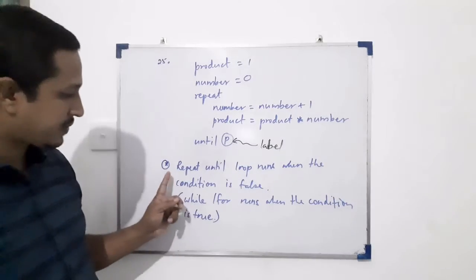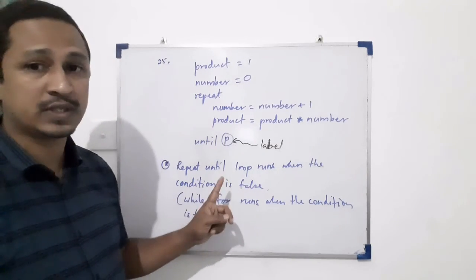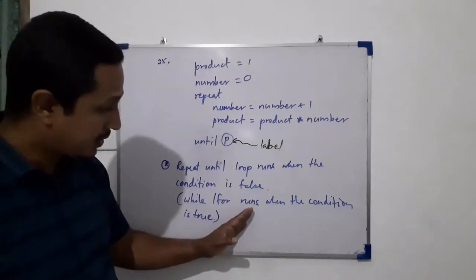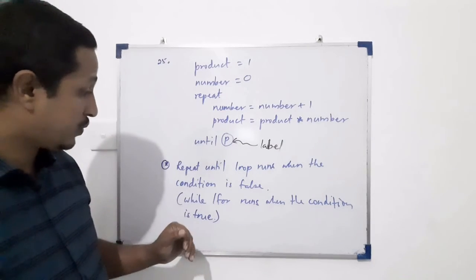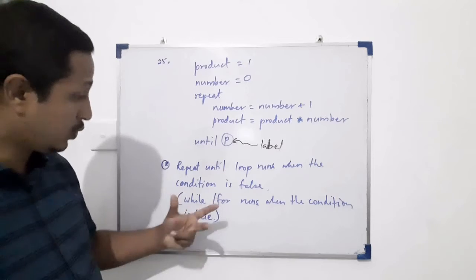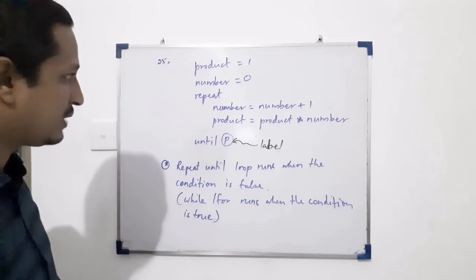Here, the repeat until loop runs when the condition is false. While or for loops run when the condition is true, but the repeat until loop runs when the condition is false. So you have to remember that one.